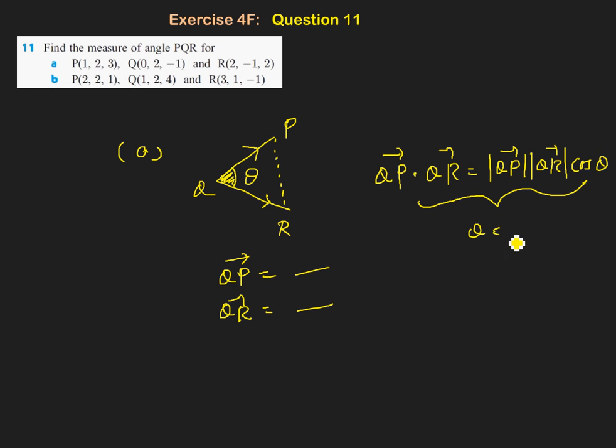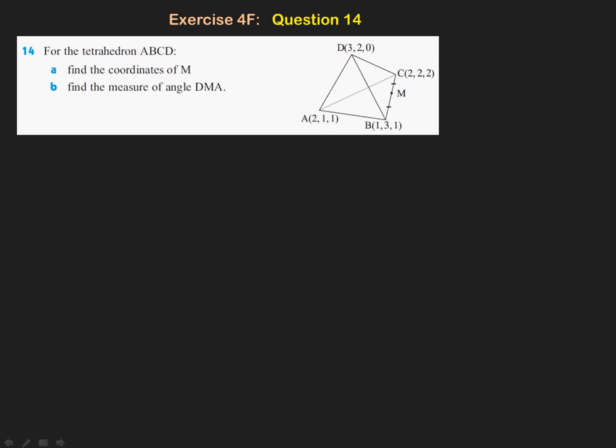That's the angle between these two vectors, and you can work on the other parts in this question 11. I hope you try this, right? Move on to one more for this part 3, or I'll do one more in part 4 of this exercise. Right, this question 14.